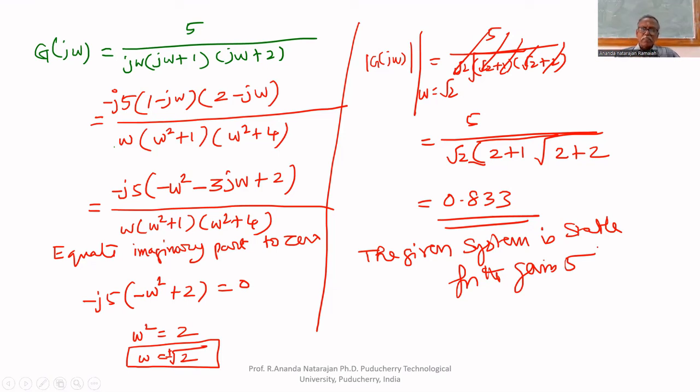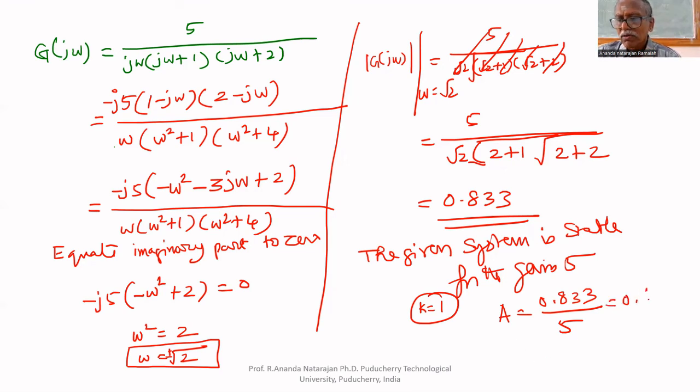What is the range of K for stability? Here A is 0.833. We have to divide this by 5, because we have to take K equal to 1 to find the gain margin, but K equals 5 here. Therefore, A equals 0.833 divided by 5, which is 0.16.